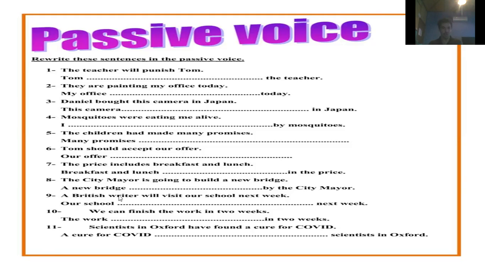A British writer will visit our school next week. Okay, number 10, second last one. We can finish the work in 2 weeks. Okay, and then number 11, scientists in Oxford have found a cure for COVID.